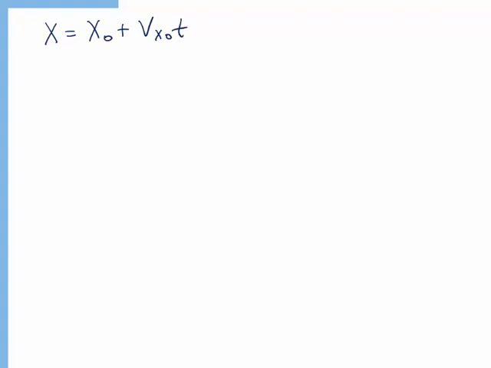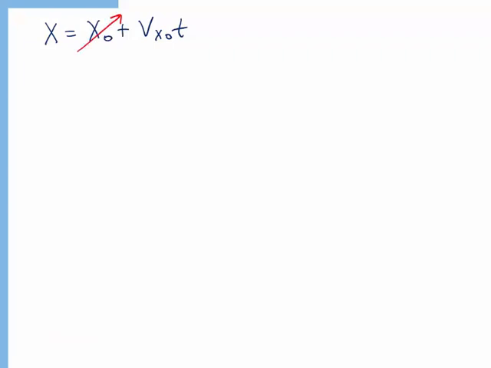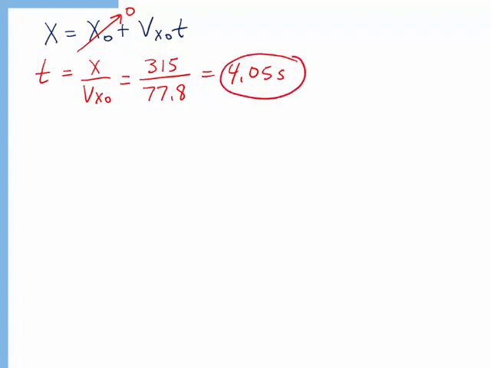And we've set the origin to be where the ball starts in the x direction, so that's 0. Solve algebraically for t. t is x divided by vx naught, or 315 feet divided by 77.8 feet per second. What I find is it takes the ball 4.05 seconds to travel all the way to the wall.